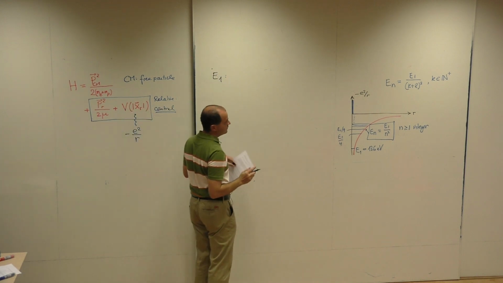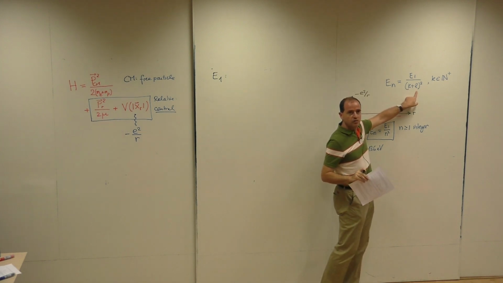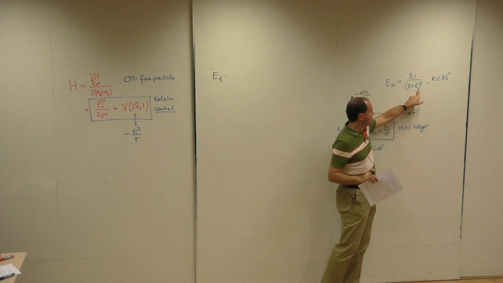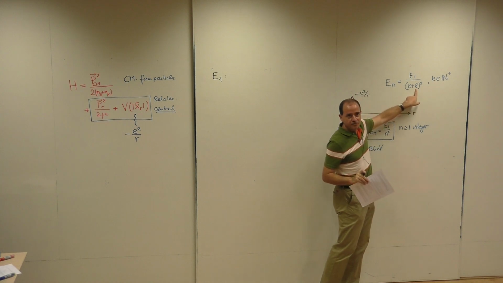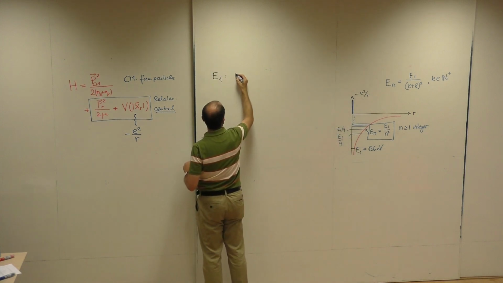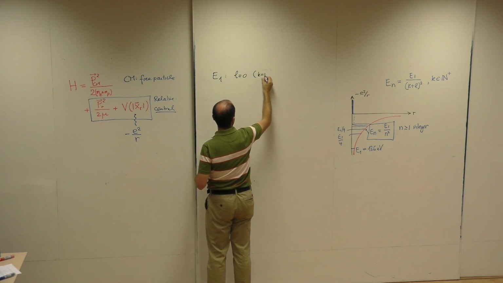So E1, I need K plus L equal to 1. But K cannot be 0. Must be at least 1. And L, remember, cannot be negative. So the only possibility to get that is that L is equal to 0, and then K is equal to 1.